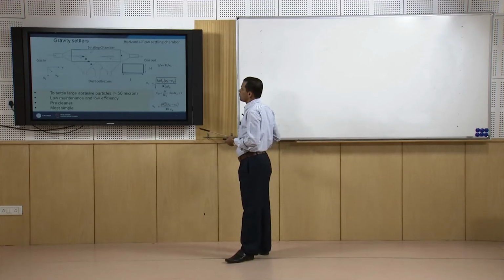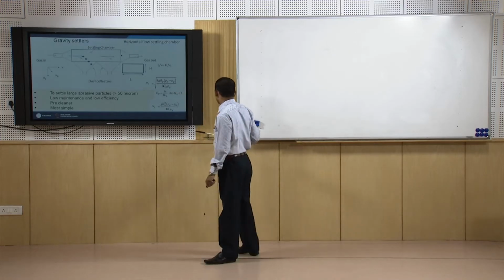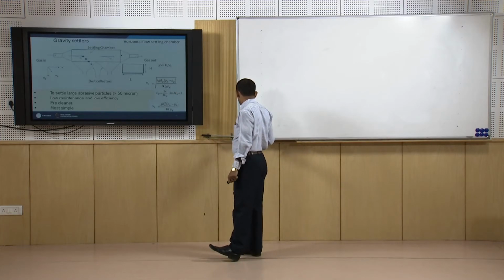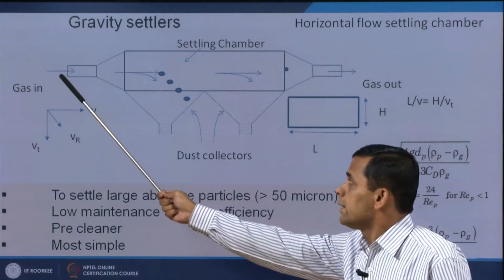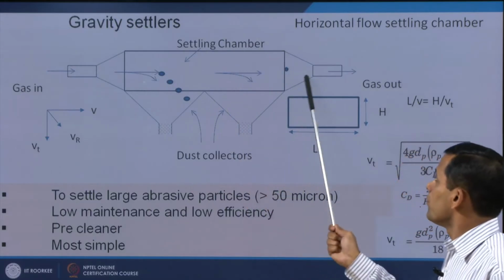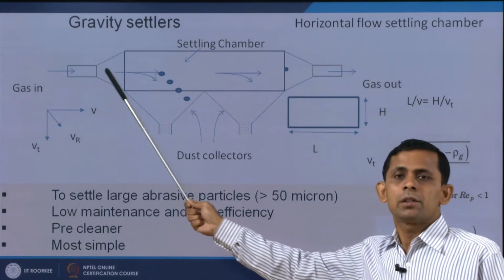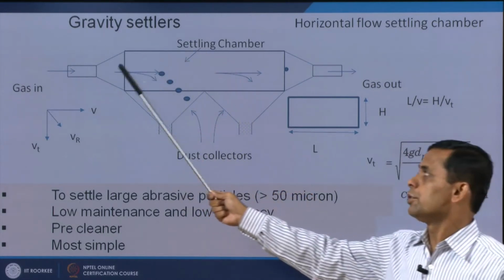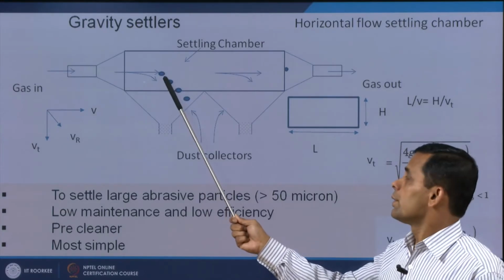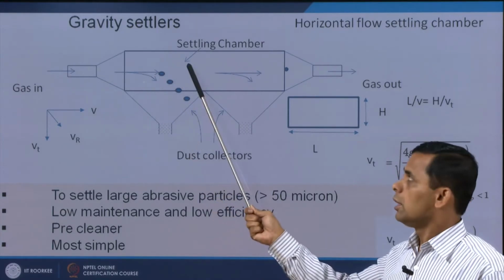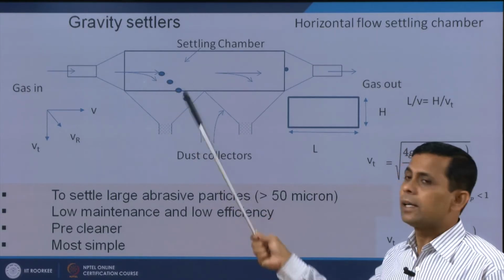Now, we will see the gravity settlers, which are used to settle the particles from the gas stream. Let us see a gas entering this settling chamber. The particle will have one velocity, equal to the gas velocity, and there will be some relative velocity between gas and particle. This velocity is in the horizontal direction, and gravity is also acting on it in the vertical direction.